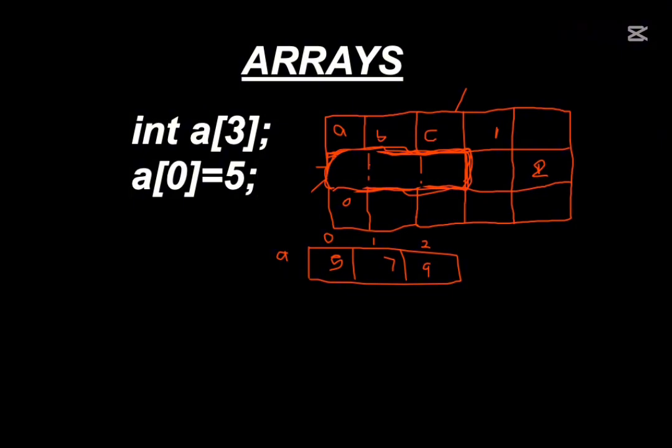So this compartment is A0. This is the index here. If you want to assign value here, you have to use A1. So here has to be 1. So here you have to use 2. So this is just a numbering system that we use to assign values into different compartments of an array.